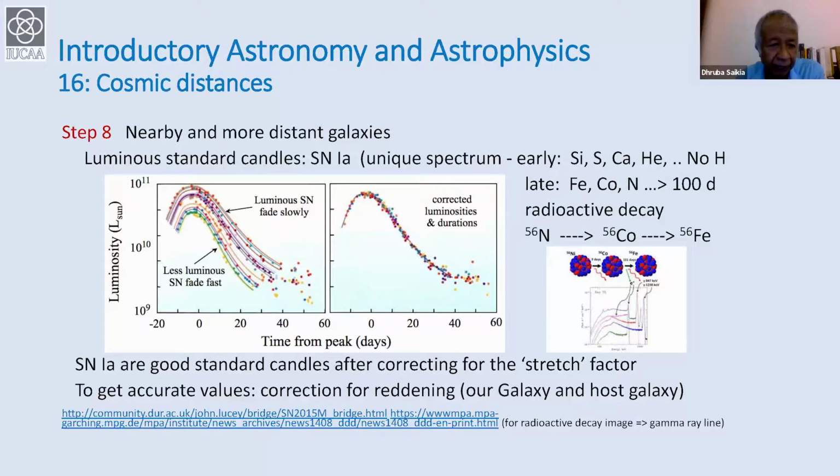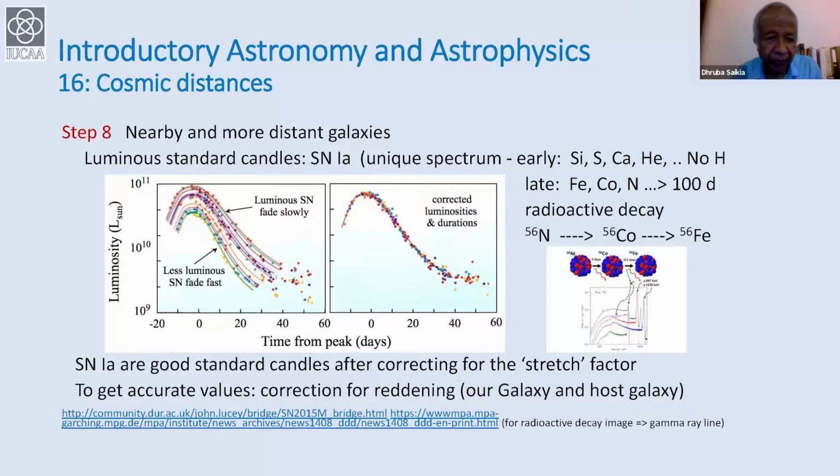This is 10 to the power of 10 over here. This is 10 to the power of 11. So about an order of magnitude or even less than that. But you can see that there is a pretty large dispersion over here. But what people realized is that the brighter ones appear to fade more slowly, whereas the fainter ones appear to fade more rapidly.